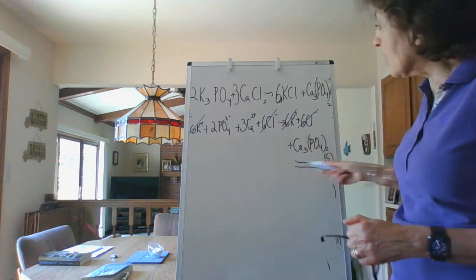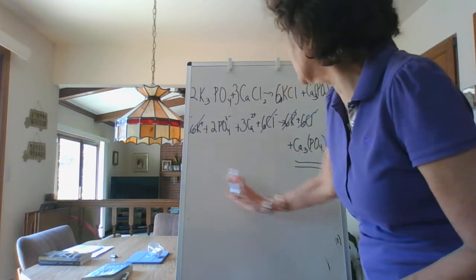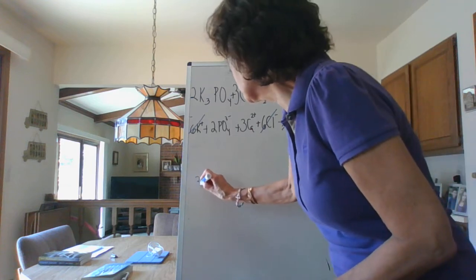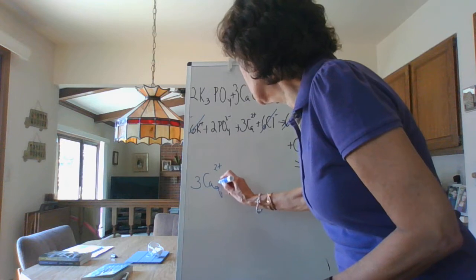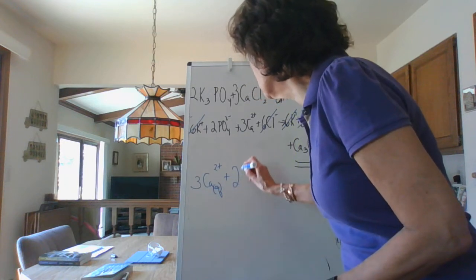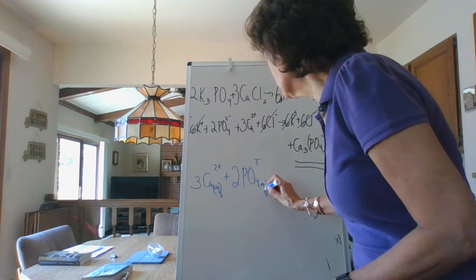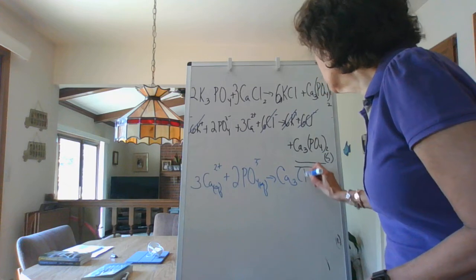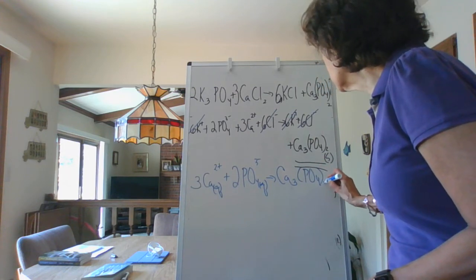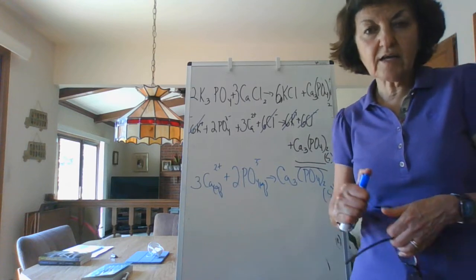So you rewrite it, and your final net ionic equation, I'm just going to put the cation before the anion: 3 calcium 2+ aqueous plus 2 phosphate 3- aqueous will give you Ca3(PO4)2 solid. There's your net ionic equation.